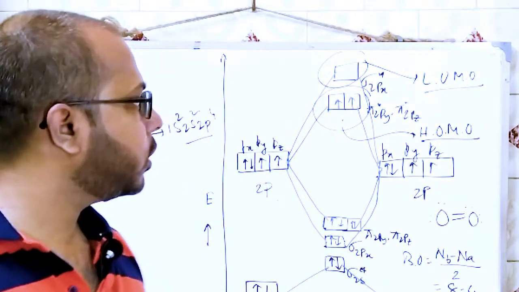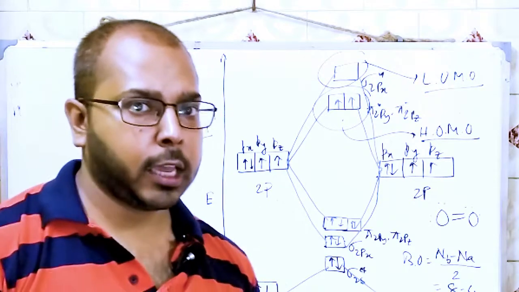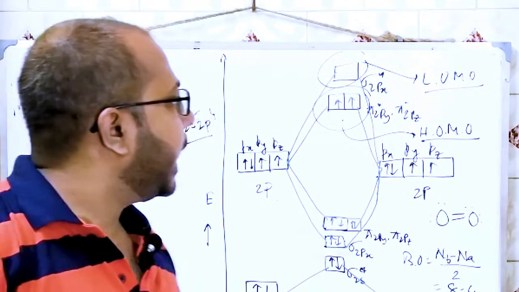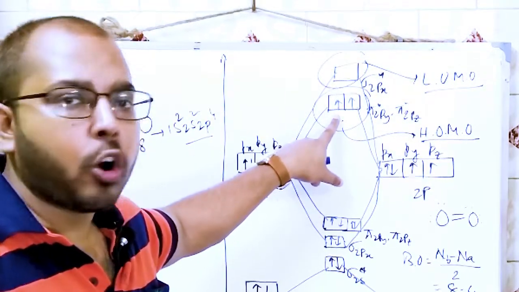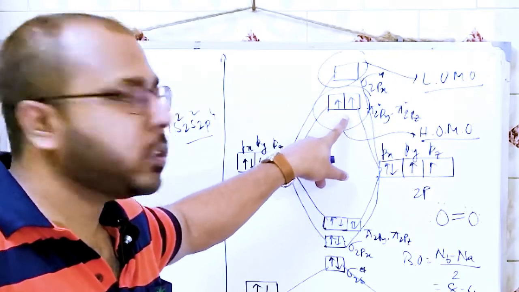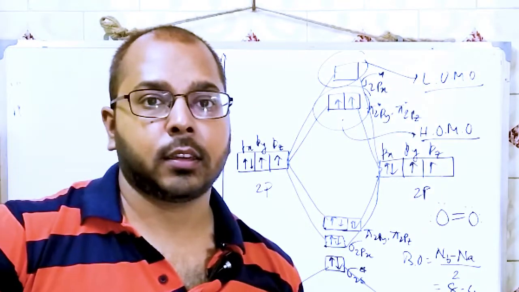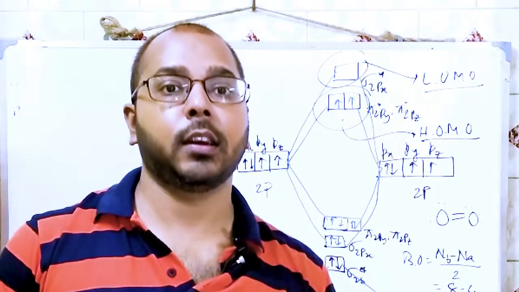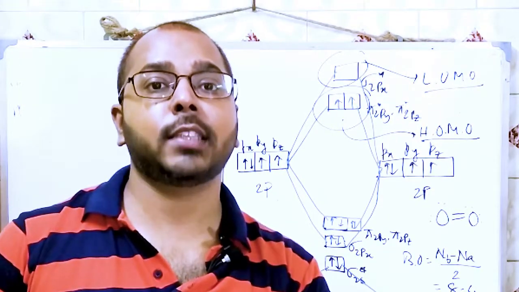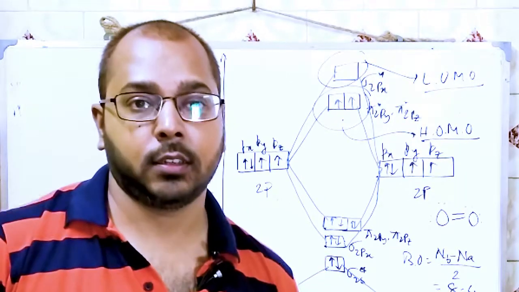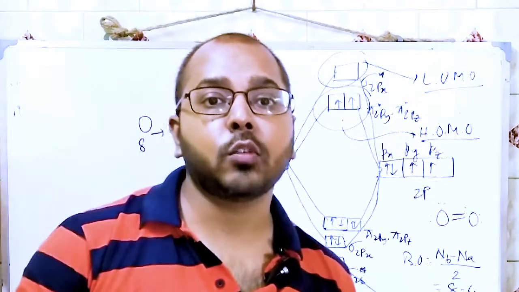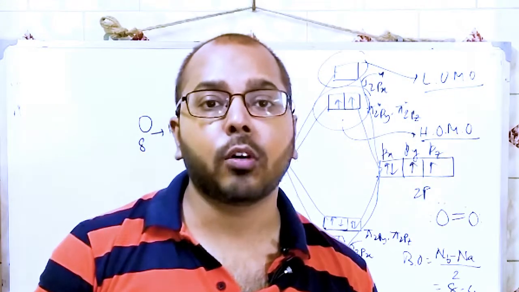So you should understand one thing. I am giving you this concept: in the HOMO orbital, if electrons are unpaired, that means the species has paramagnetic nature. So if someone is asking in that O2, what is the magnetic nature?